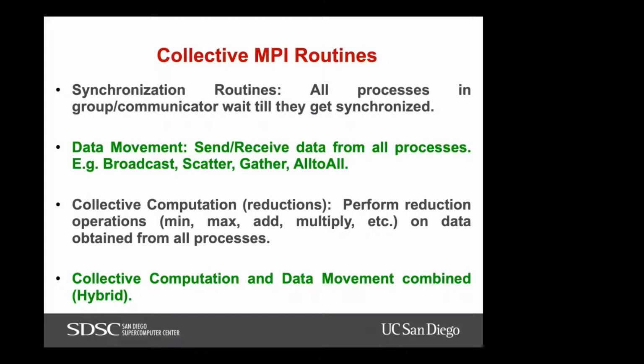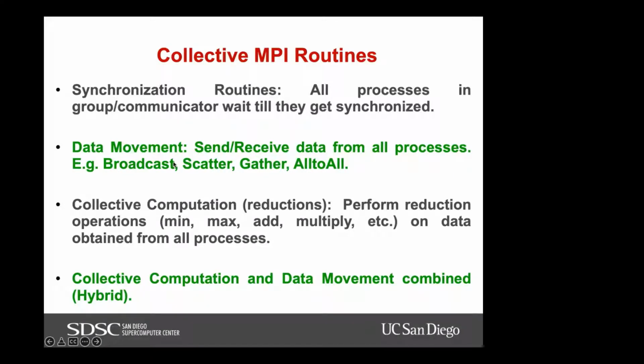Now, collective routines. These are routines that involve more than two processes. And typically this depends on the communicator. If you have a communicator that is COMM WORLD, it'll involve all the tasks in your MPI job. There are several kinds. There are some that are synchronization routines, where all processes in the group and communicator wait till they get synchronized.